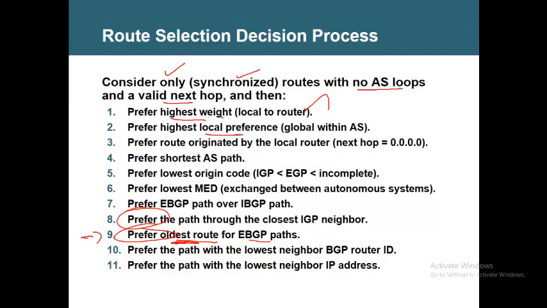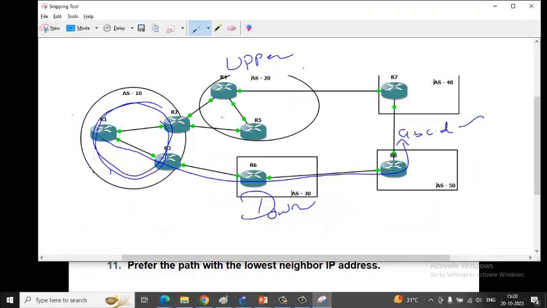If you would have set weight and local preference, weight speaks louder than local preference, because weight comes first.